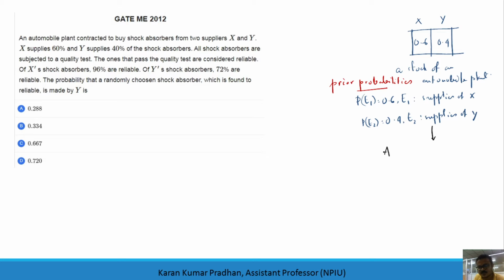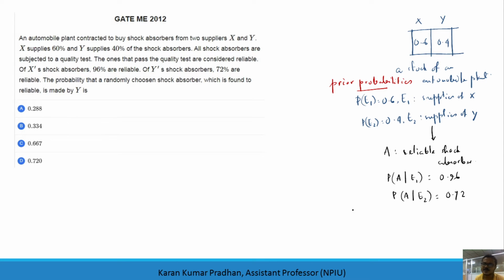So I will assign an arbitrary event A, the new information, as the reliable shock absorber. The probability of A given X is 0.96, and the probability of A given Y is 0.72.